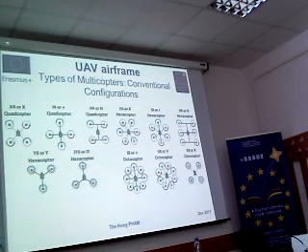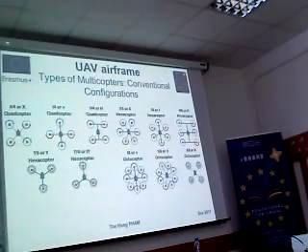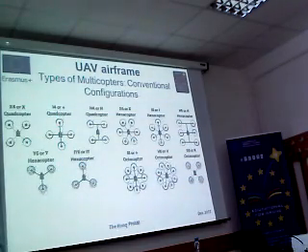In the X configuration, you see the head of the propeller will be between the two arms. But in the plus situation, the head will be along one axis, maybe one of each as you want.